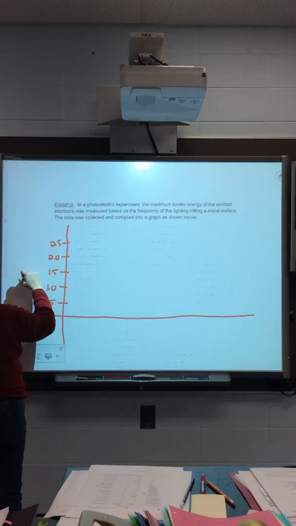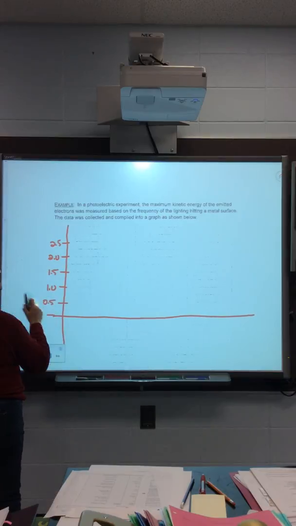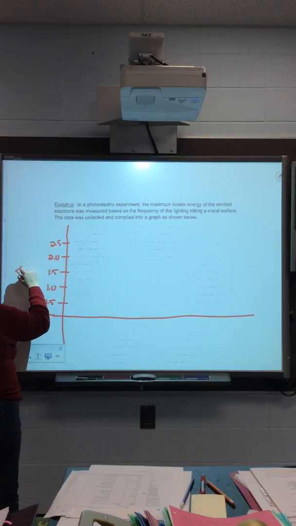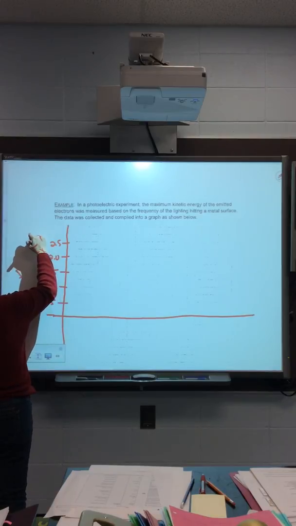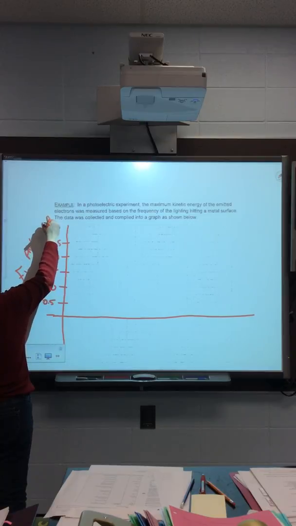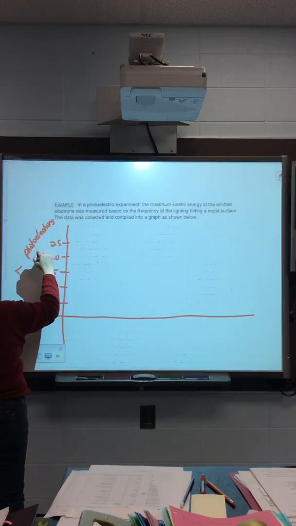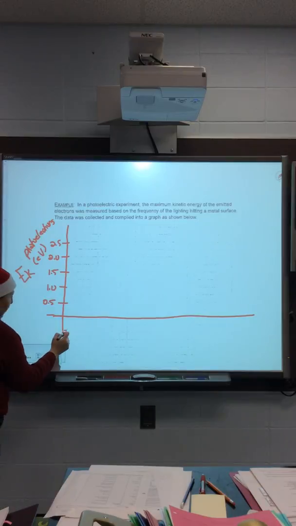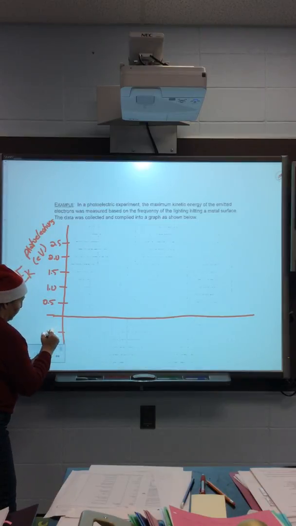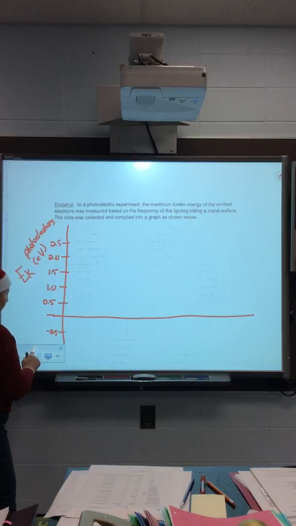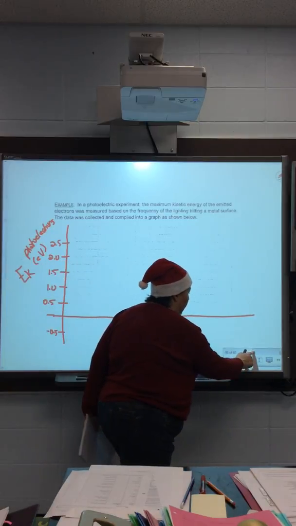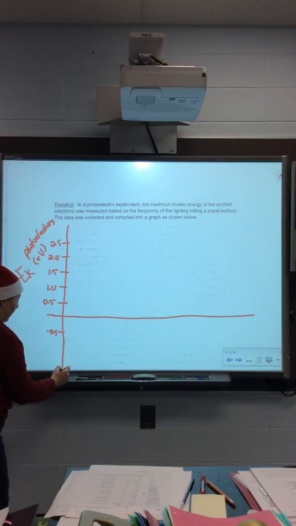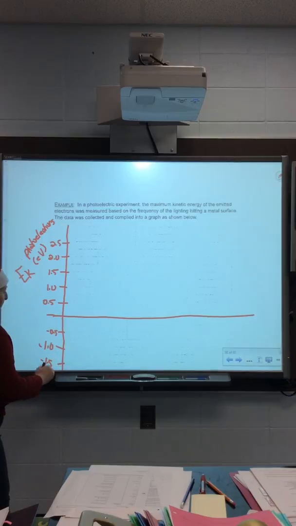This is going to be the kinetic energy of photoelectrons, in electron volts, is our units on this scale. Here we would have 2 squares minus 0.5, minus 1.0, minus 1.5.